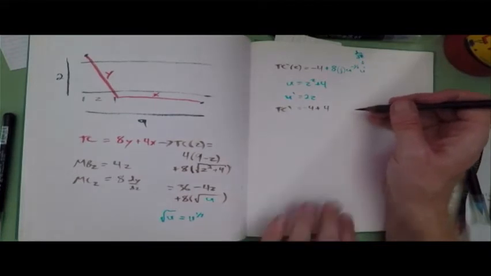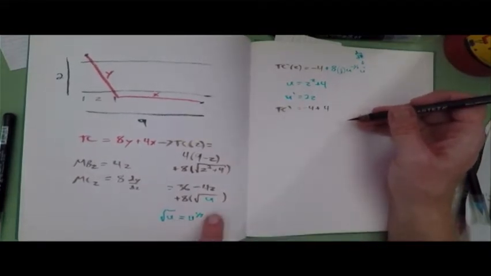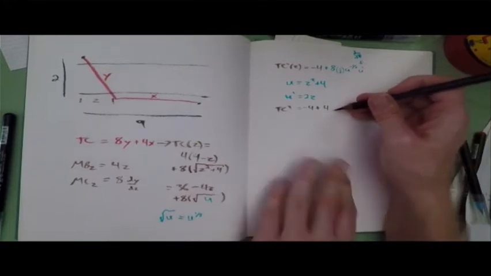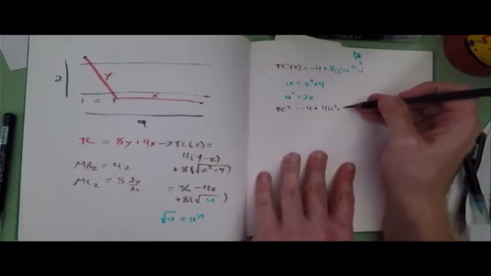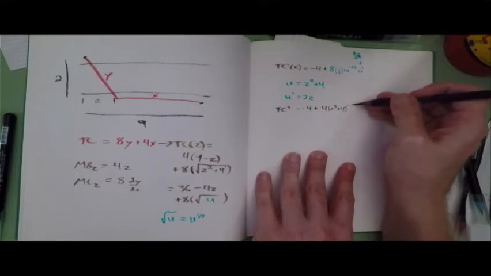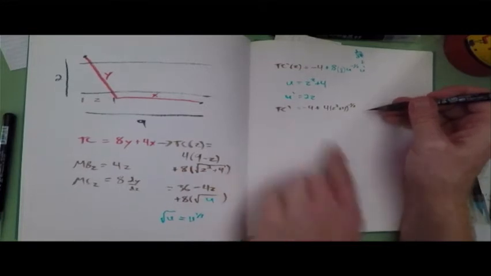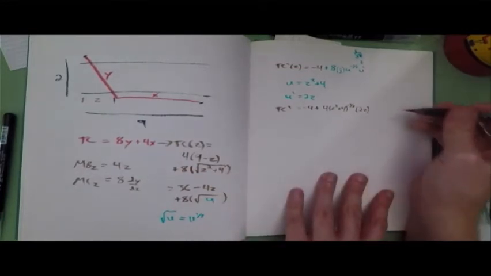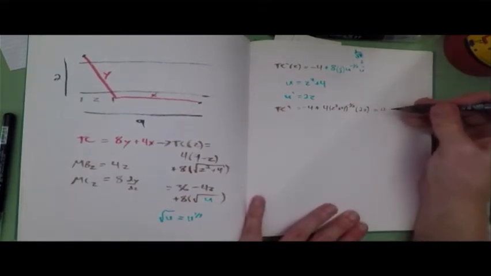Times u to the negative 1/2, which we can substitute in as z squared plus 4 to the negative 1/2, times u prime, which is just times 2z. And we're going to make that equal to 0 and solve for z.